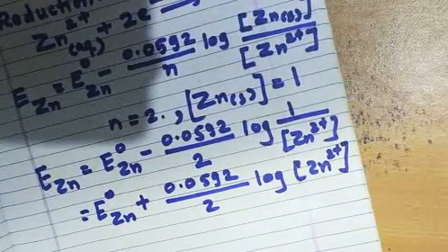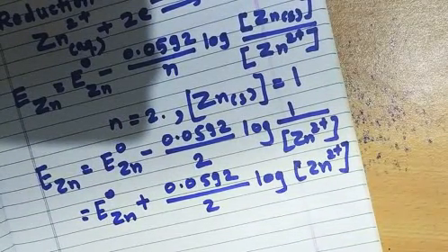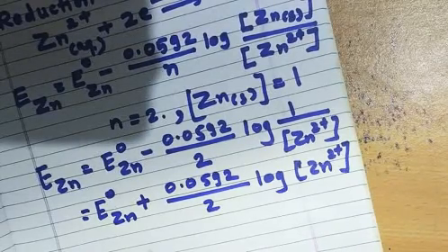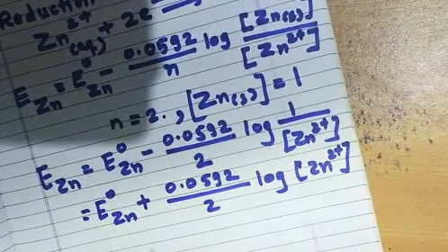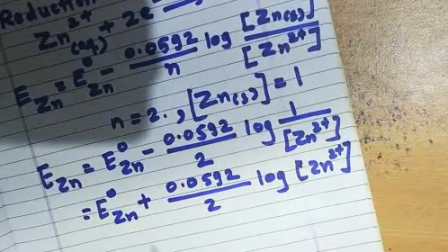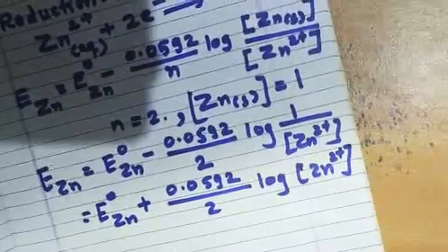Thus, by using the Nernst equation, we can calculate the potential of a cell as well as the potential of an electrode at any concentration. Thank you.